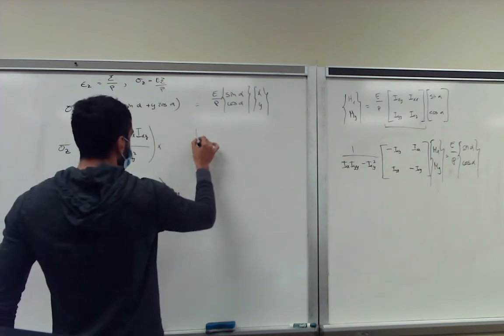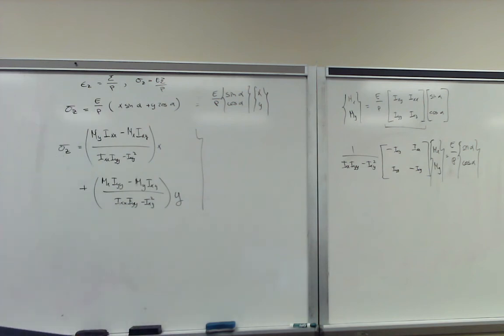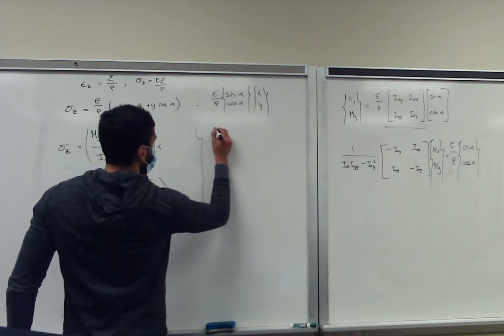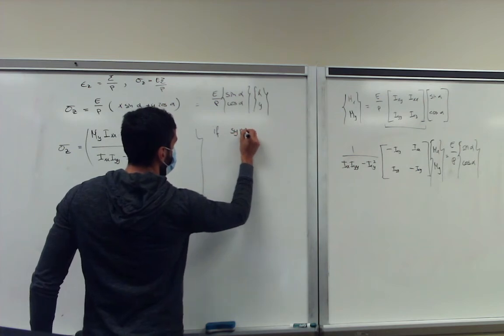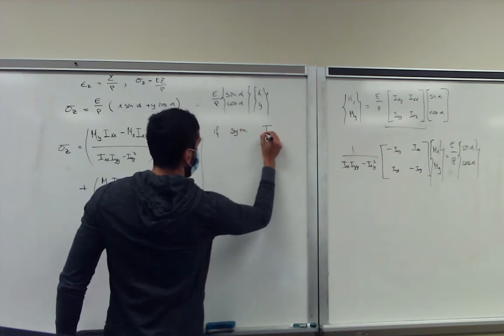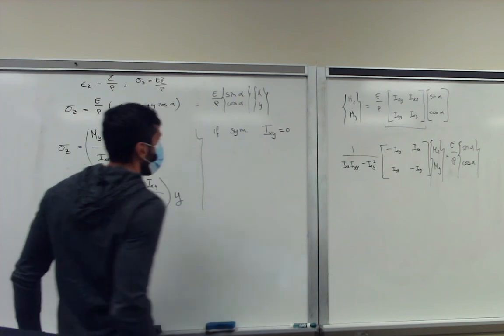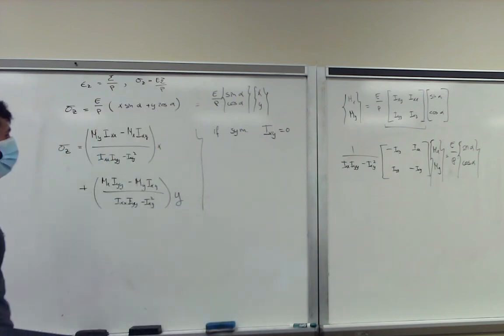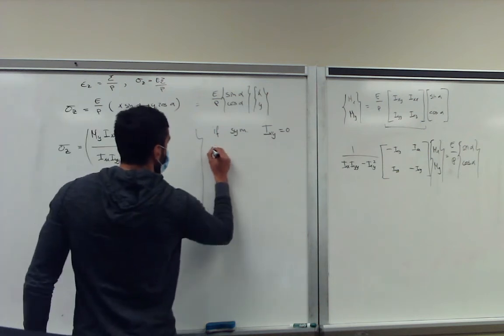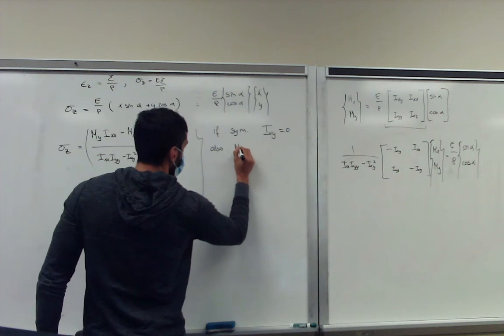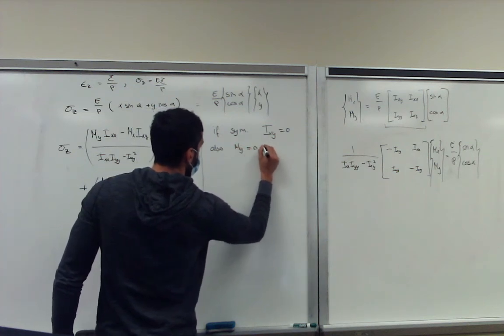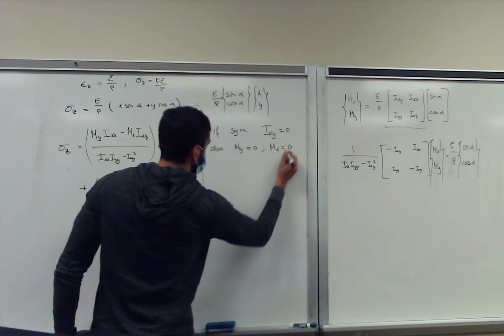Because now, if I have a symmetrical beam, if you have any form of symmetry, then we know by definition that Ixy is equal to 0. And let's assume that you only have a moment around x. Also assume My is equal to 0 and Mx is not equal to 0.